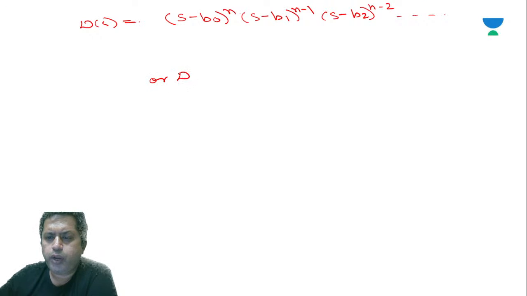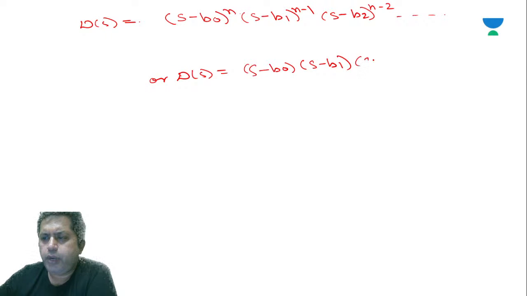Or you can also write the denominator polynomial as (s minus b0)(s minus b1)(s minus b2) and so on up to (s minus bm).